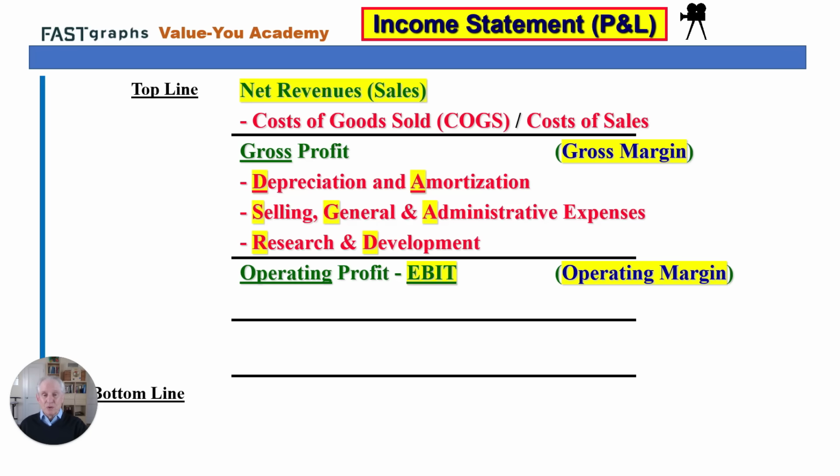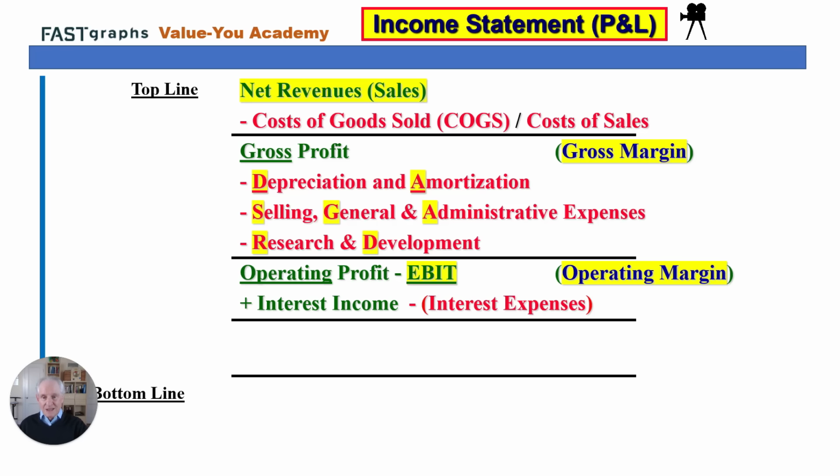That's not your regular product or services, so you don't take that up above, you take it below operating profit. So here we'll look at the other things. Other operating income or interest income and the interest expense to service our debt. That's a deduction, a legal deduction before taxes.